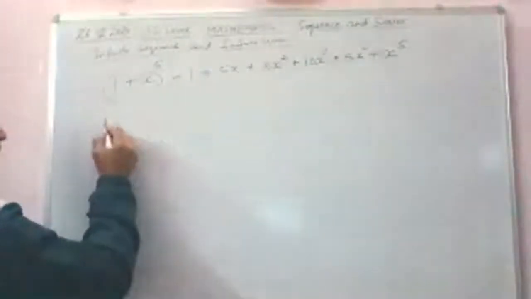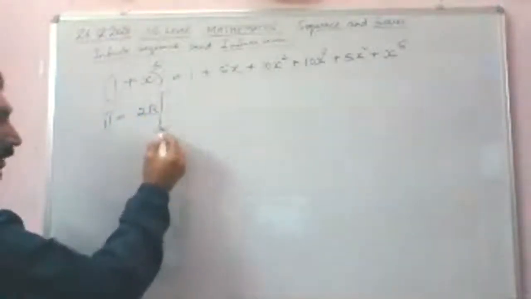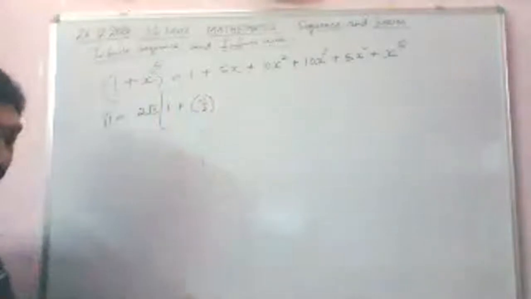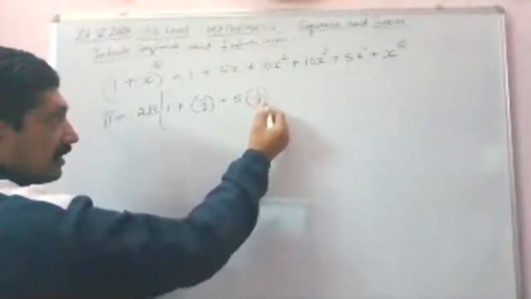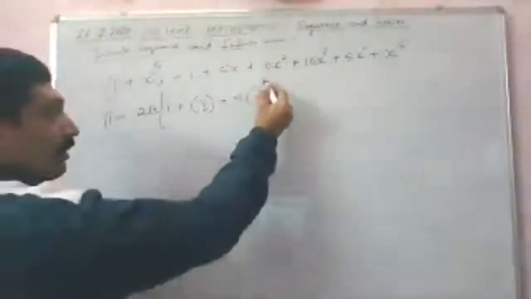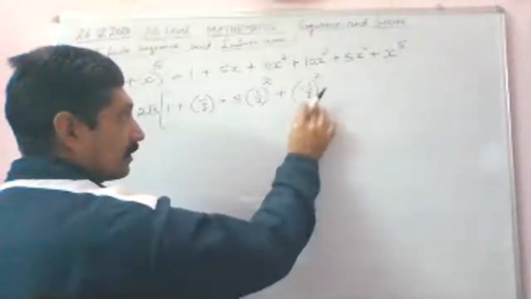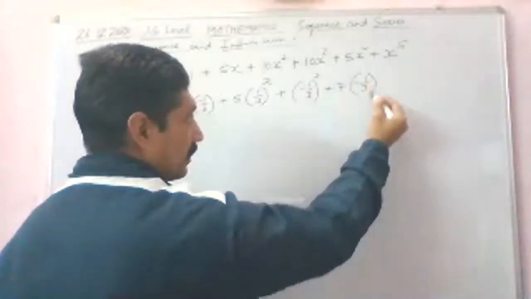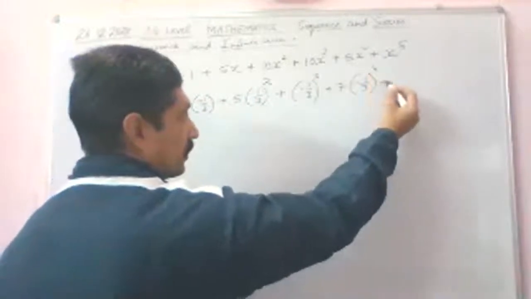If we are writing pi, that is 2 under root 3 multiplied by 1 minus 1 by 3, plus 5 into 1 by 3 whole raised to power 2, plus 7 into minus 1 by 3 whole cube, and so on. The power is increasing: square, cube, raised to power 4, and so on.